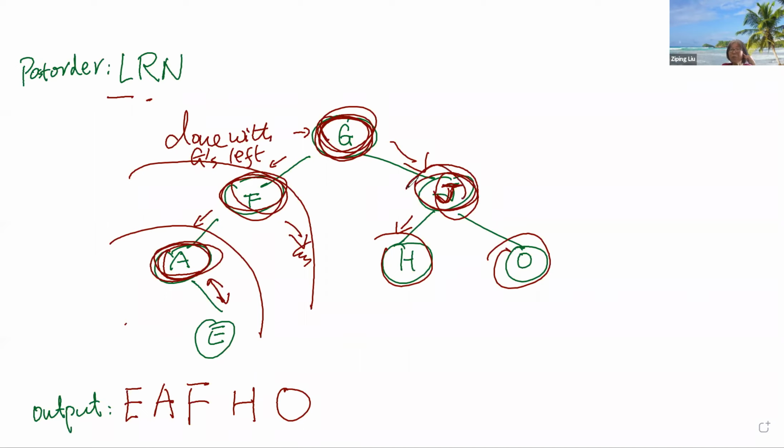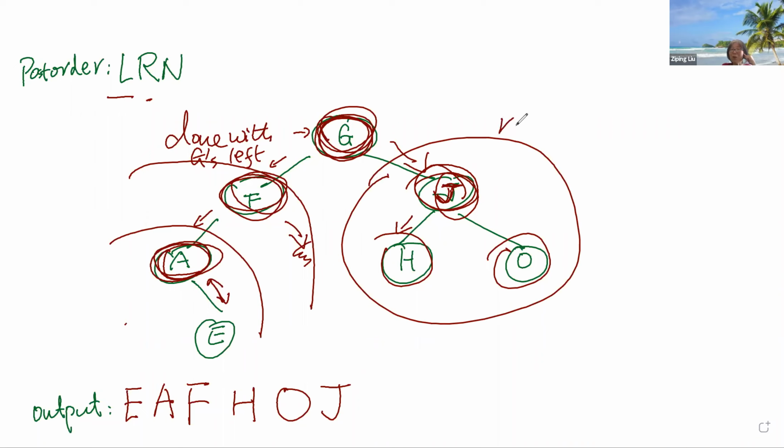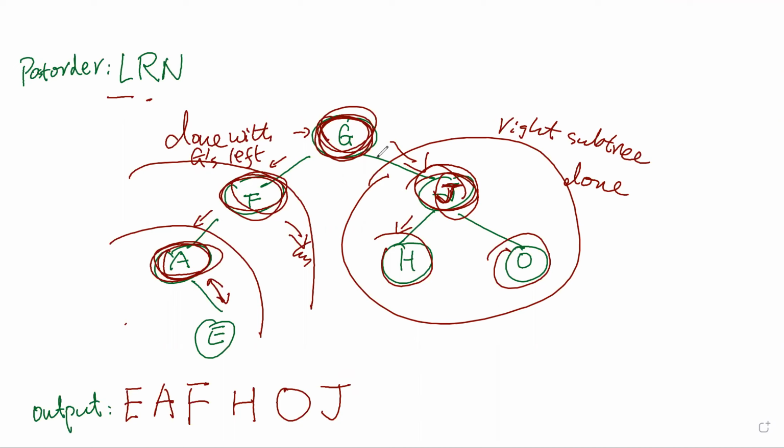You go back to this node, J. Okay, then this right subtree is done. After the right subtree is done, what should you do? Look for the root node. Yeah, you visit the root node. And then you complete the post order.